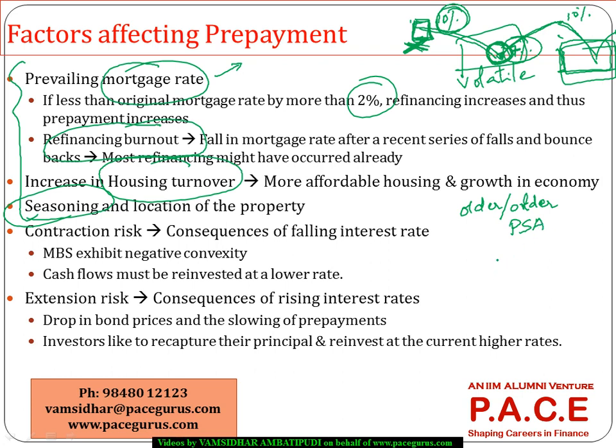As the loan seasons, the chances of prepayment are higher and higher, as the PSA was also suggesting: 0.2% is the CPR for the first month, which will increase at the rate of 0.2% every month up to 30 months. At the end of the 30th month, the CPR could be 6% and it can stay flat at 6% up to the end of the loan. So as the loan becomes more and more seasoned, the chances of prepayment are much higher.